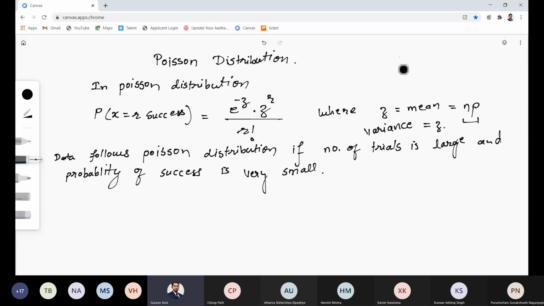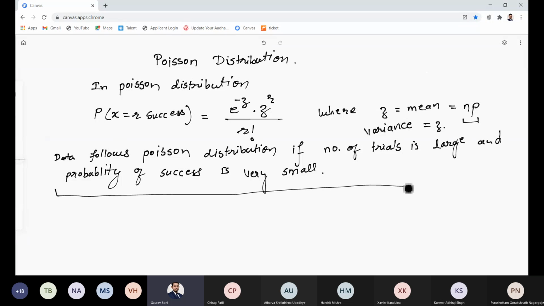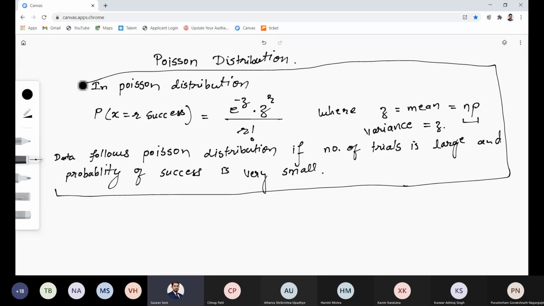What was the variance in binomial distribution? Anyways, let's not get into those limit and continuity details. In Poisson distribution, the mean and variance, both of them are z.